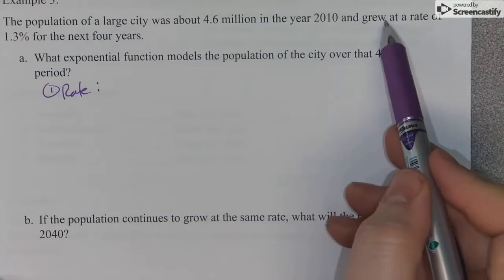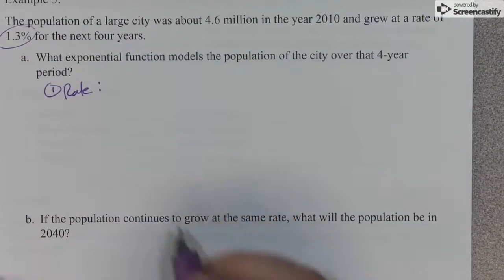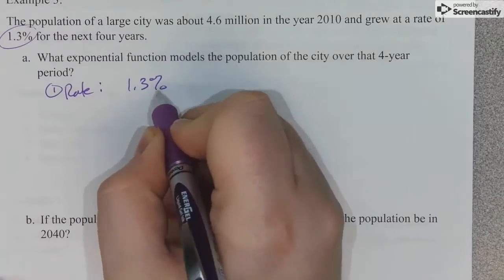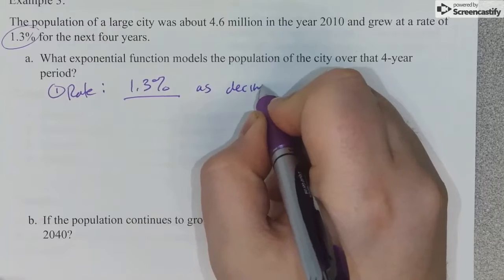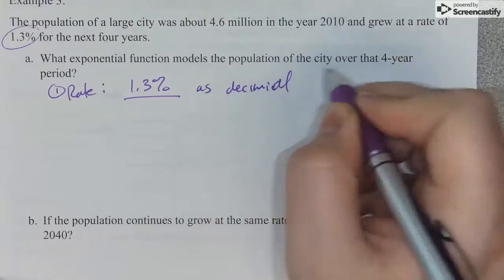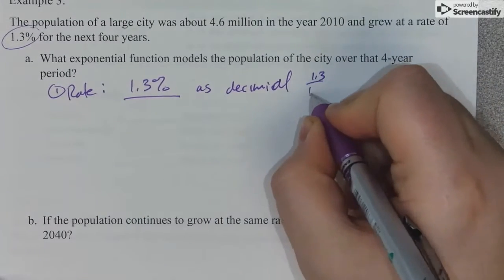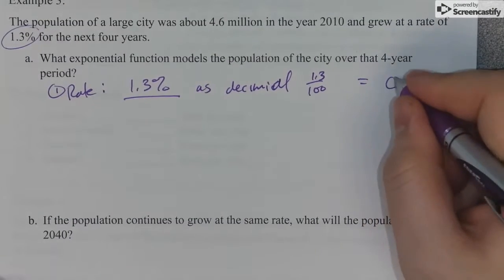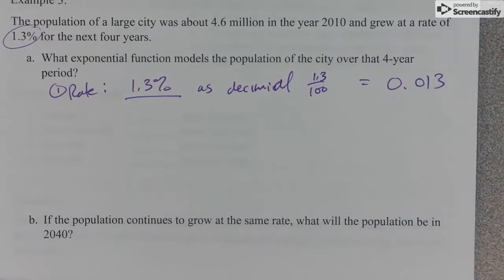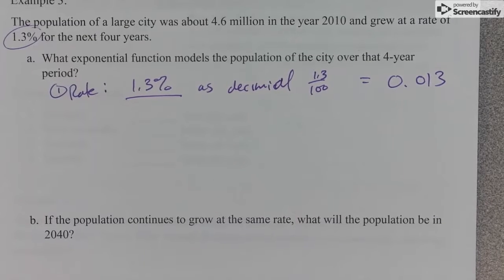It tells you at a rate of 1.3%. So 1.3% as a decimal, in other words, 1.3 divided by 100, is 0.013. So that's our rate as a decimal.